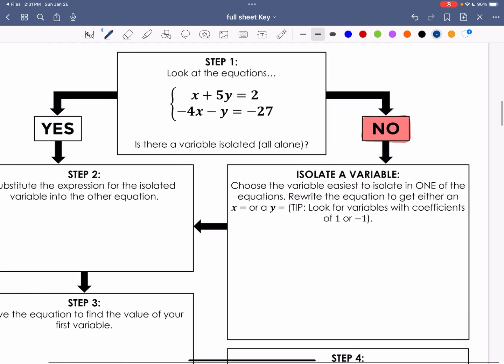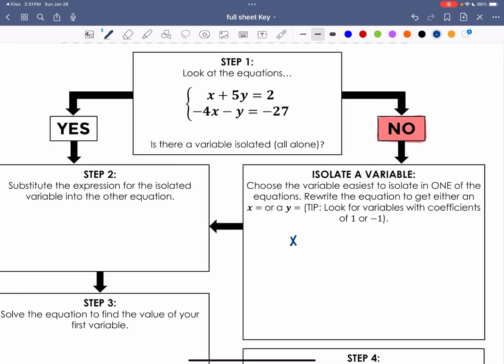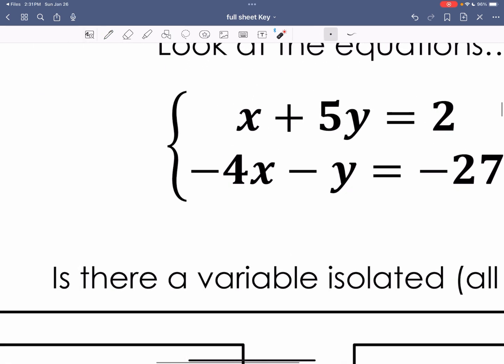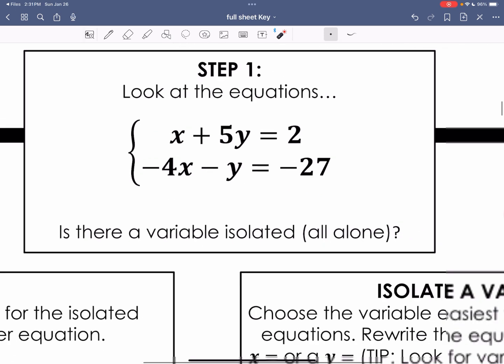So I am going to copy that top equation down, x plus 5y equals 2. And then I am intending to go for x. And again, you could have made a different choice. Really, you could have isolated any single one of these variables, but I'm just trying to go for the least amount of effort to get the job done, right?